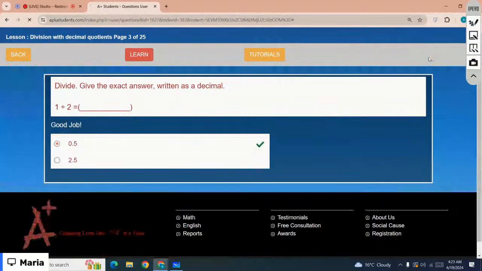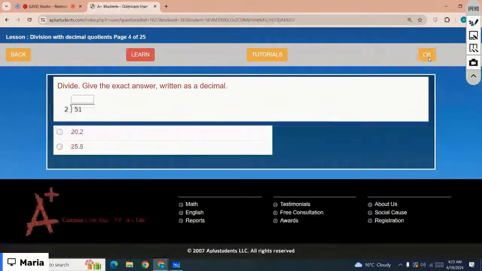The next one is 51 divided by 2, which is the correct option. Divide and write the answer in the chat box. Quick, quick, everyone.